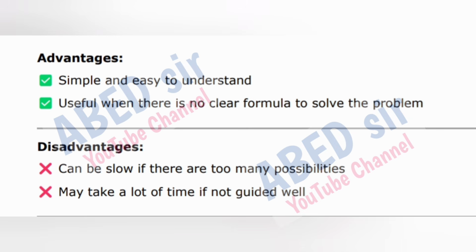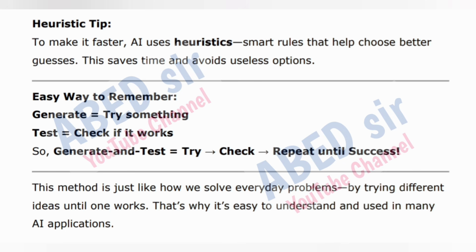Useful when there is no clear formula to solve the problem. Disadvantages: can be slow if there are too many possibilities. May take a lot of time if not guided well. Heuristic tip: to make it faster, AI uses heuristics, smart rules that help choose better guesses. This saves time and avoids useless options.